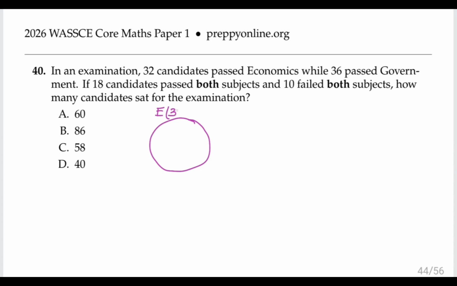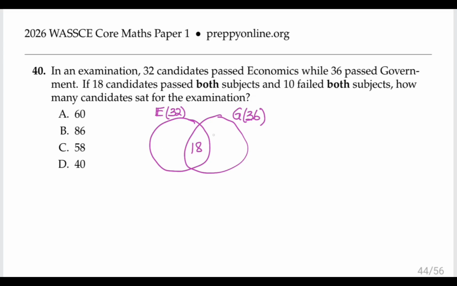32 candidates. So if this is the set of people who passed economics, there are 32 people in this set. We also have government. So assuming there's some intersection, 36 students passed government. All right. And then we also have that 18 passed both subjects. So this is the intersection.